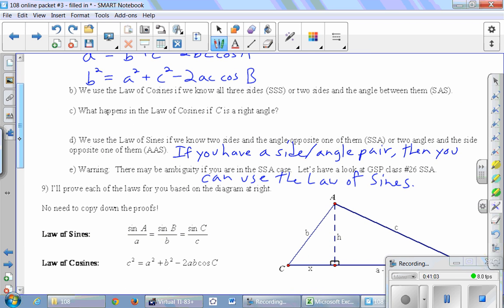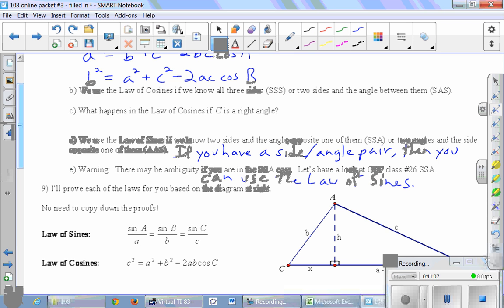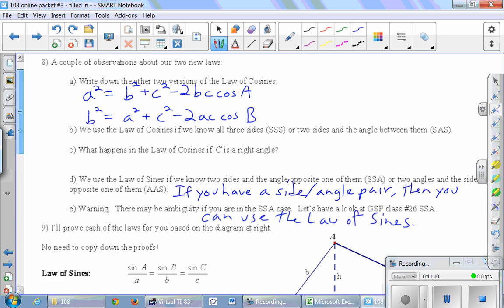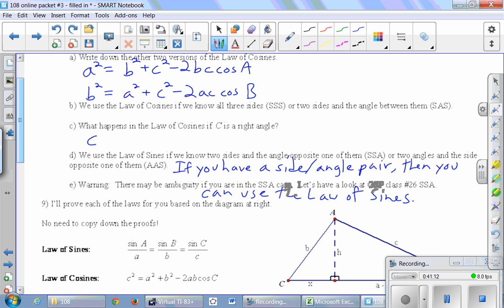Part C, what happens in the law of cosines if C is a right angle? Okay, so I'll write the original version, not the one that's up there already, but the c squared version. So if angle C is a right angle, then we get to put 90 degrees right here.